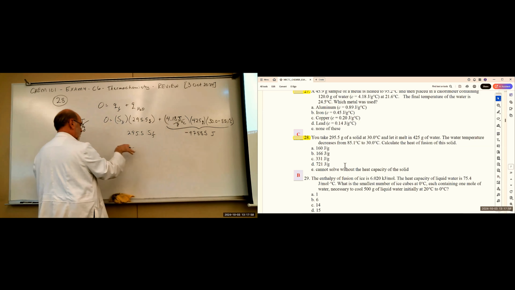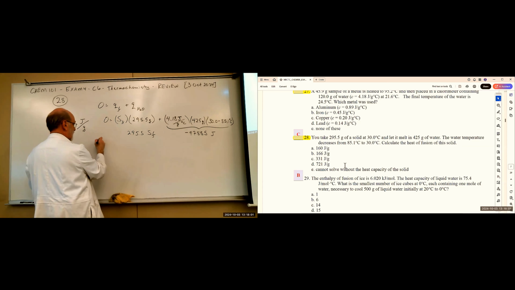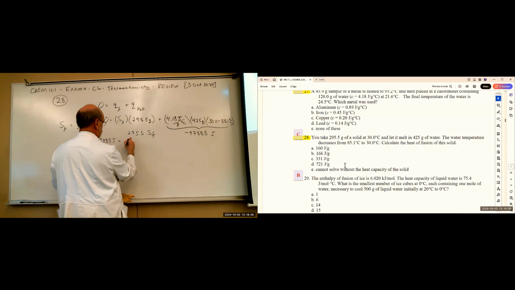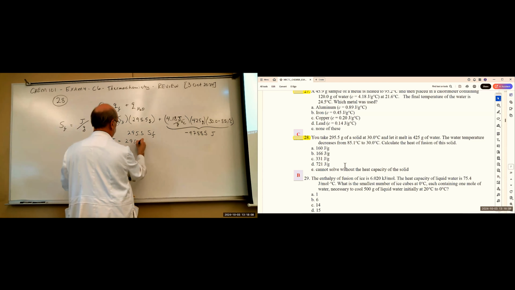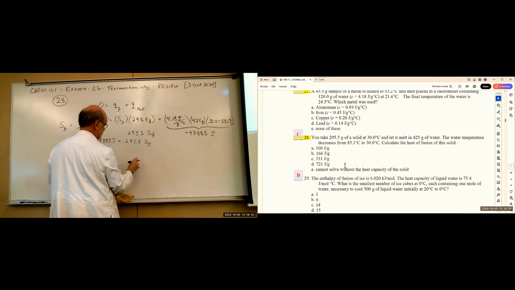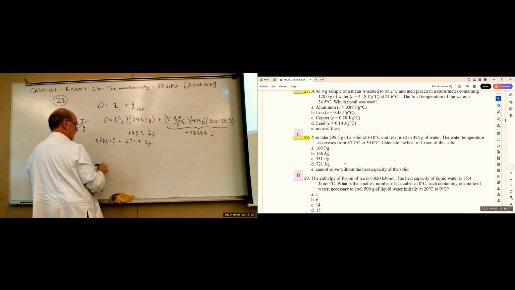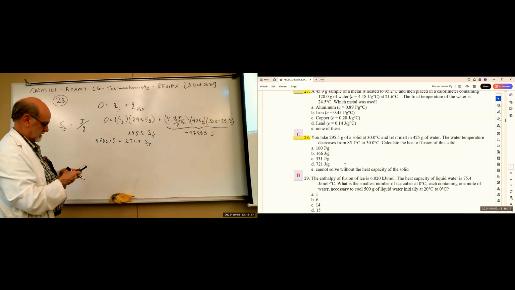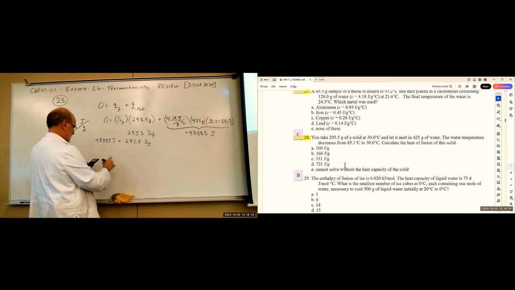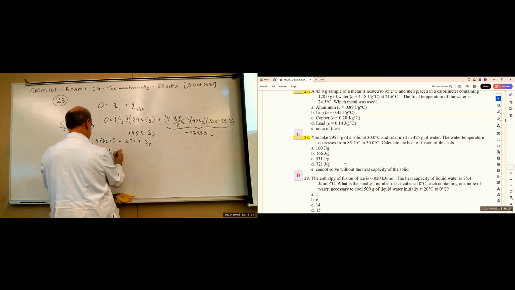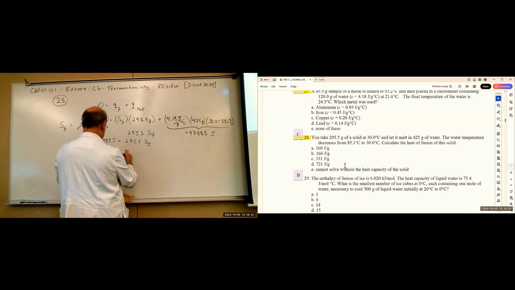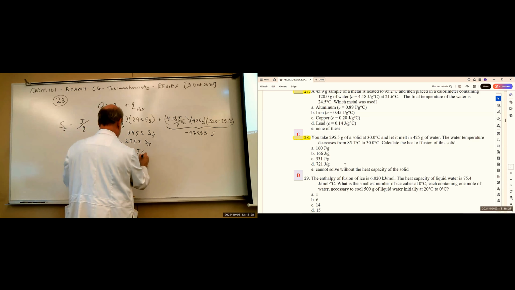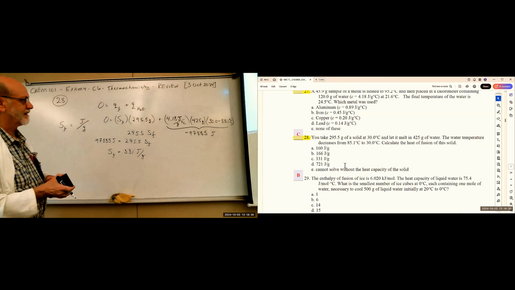So bring that one on this side, it becomes positive. And this is 295.5 times the specific heat, then we just need to divide this one by that one, 295.5. And I get SF, specific heat for this one, is 331 joules per gram. Okay.